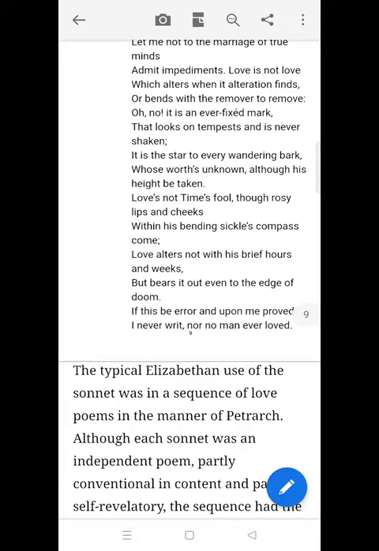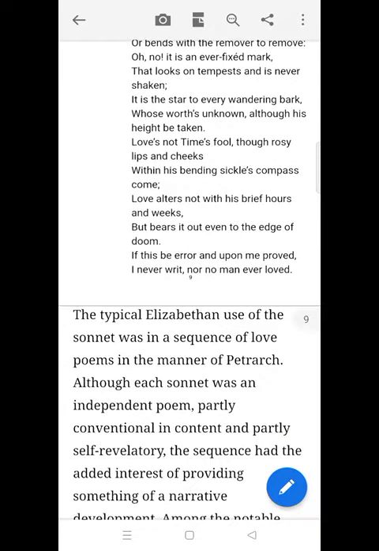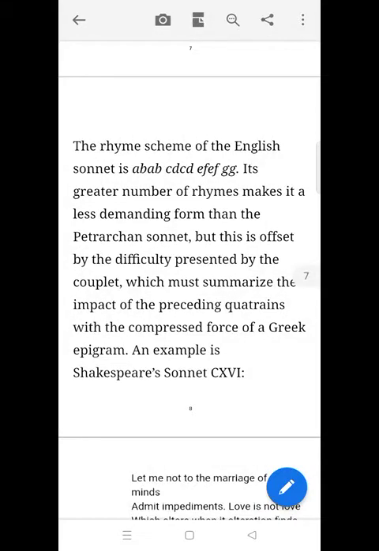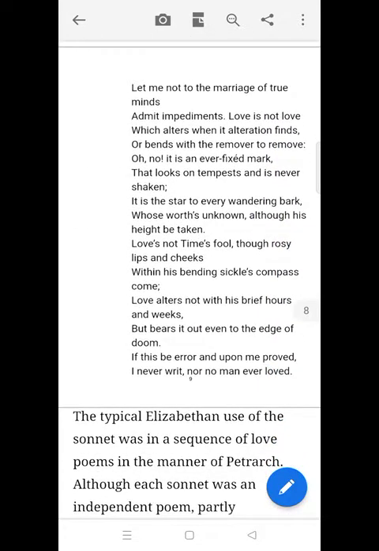So cheeks rhymes with the word weeks, but bears it out even to the edge of doom. So here the word doom rhymes with the ending word of the earlier line, come. So the rhyme scheme of the third quatrain is E F E F.